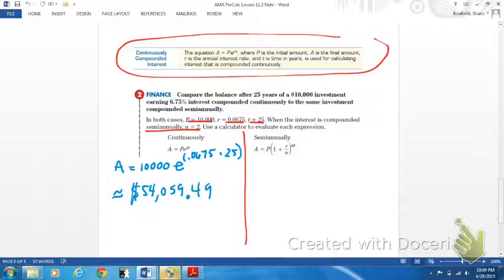That's not too bad. Then for the semi-annually, we're going to compare that one. Same principal, rate, and time. N is 2, and then the exponent is 2 times, n is 2 times t, which is 25.